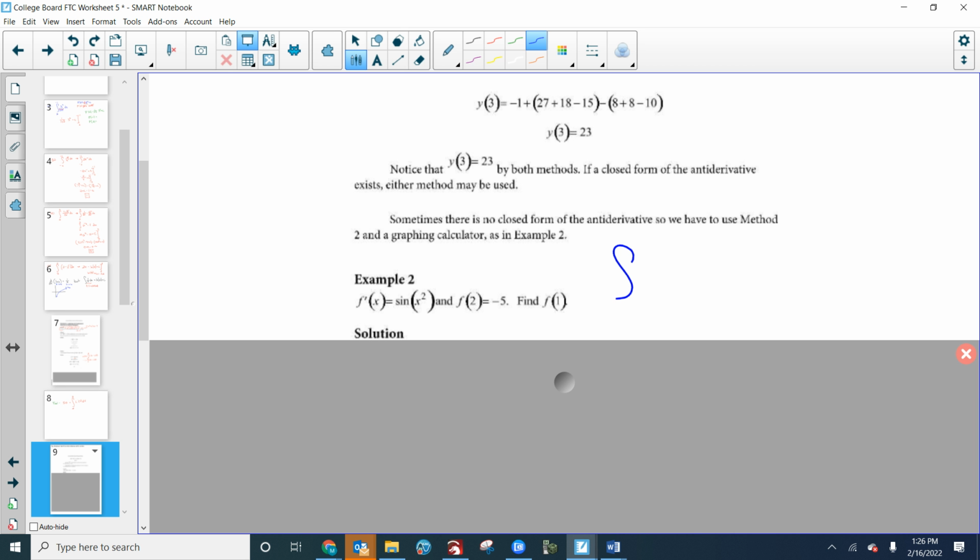The integral from blank to blank of sine of x squared dx. Can you guys read that at the back? F of 2 is -5. Find f of 1.